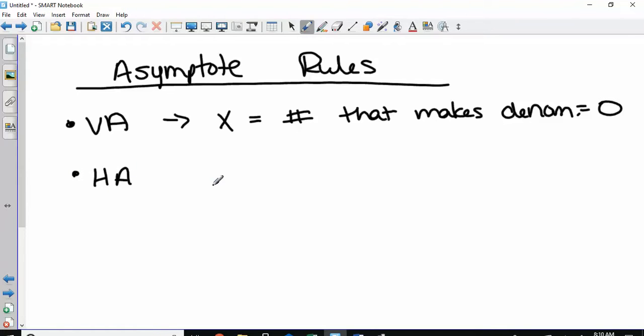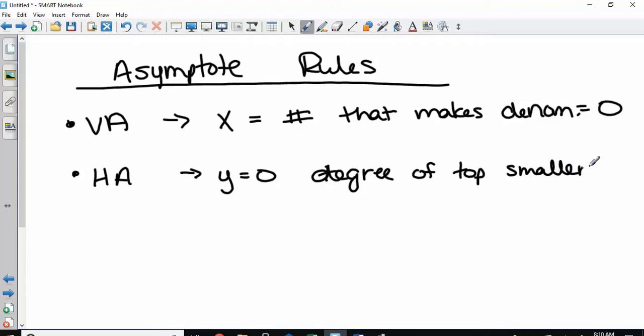Horizontal asymptote happens a couple different ways. It's y equals 0 if the degree of the top is smaller. For instance, if it's like x over x cubed, the degree on top is just 1, the degree on the bottom is 3. So if the top degree is smaller, it's an automatic 0.